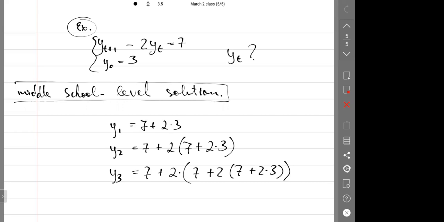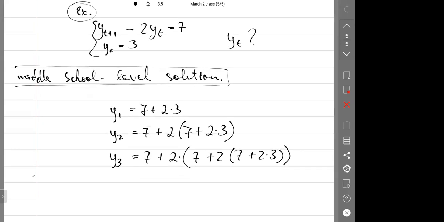Okay, so first, the idea of how I would solve it at the school level. At school level, I would get it without the 7. I can easily solve something like that because it's a geometric progression.